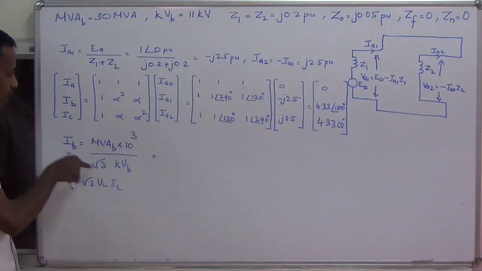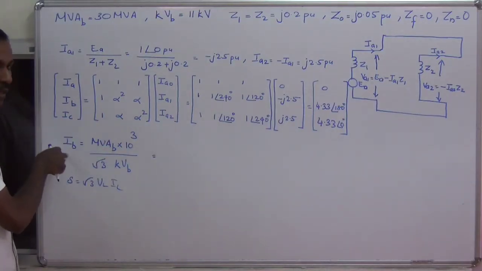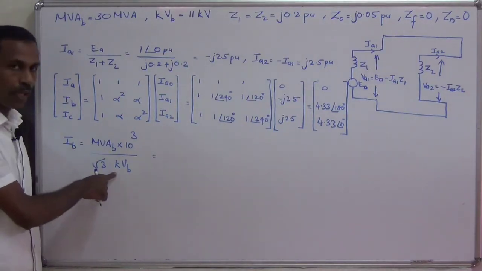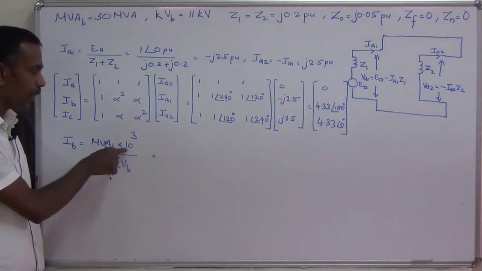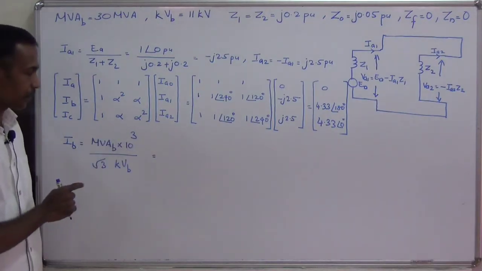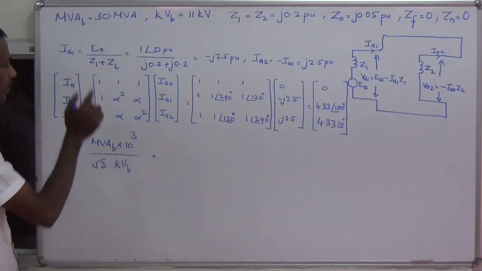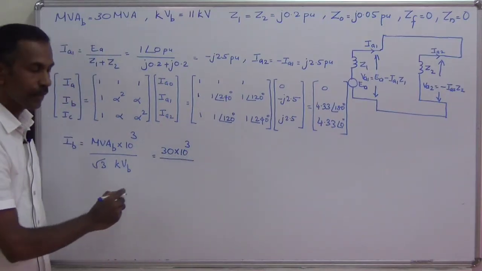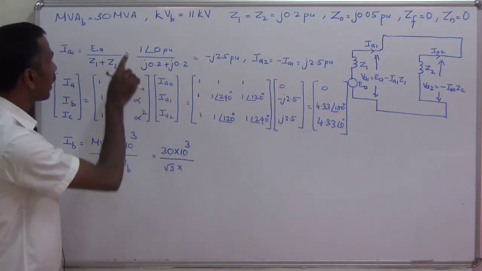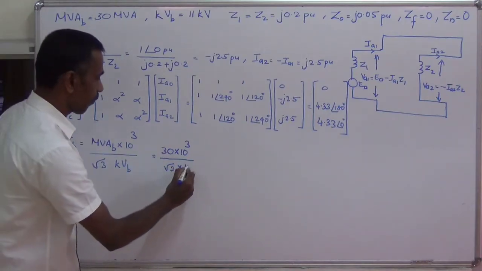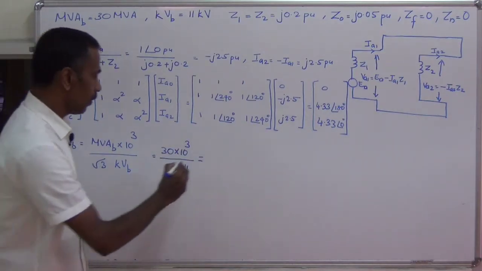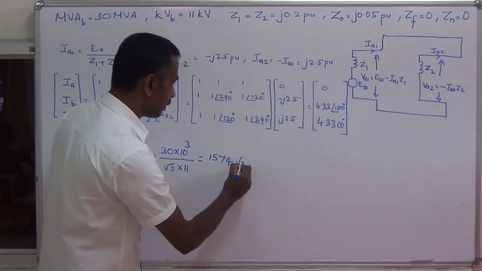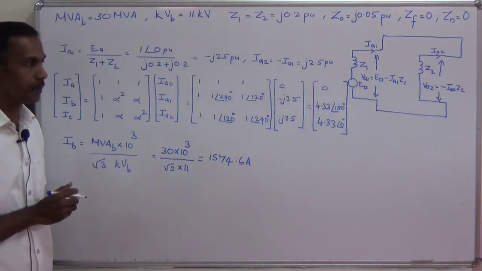Here the numerator is in mega, this is in kilo, so to convert it into kilo it is multiplied by 10 raised to 3. So this is equal to 30 MVA divided by root 3 into kV base equals 11, and this is equal to 1574.6 amperes. This is our base current.